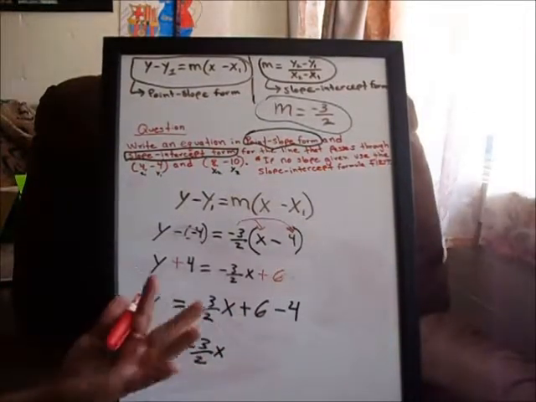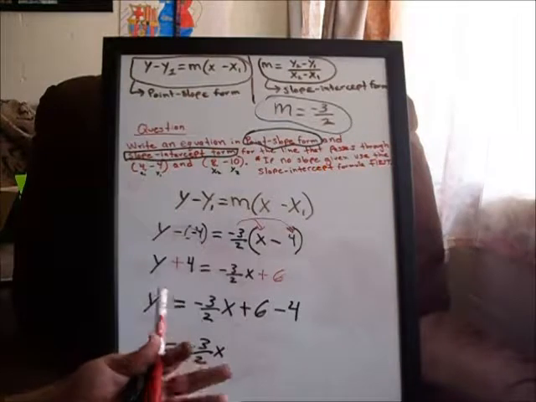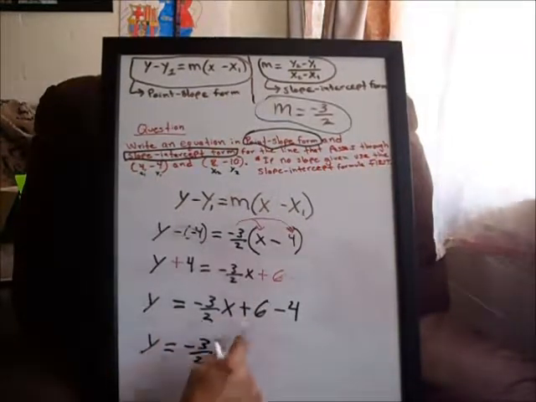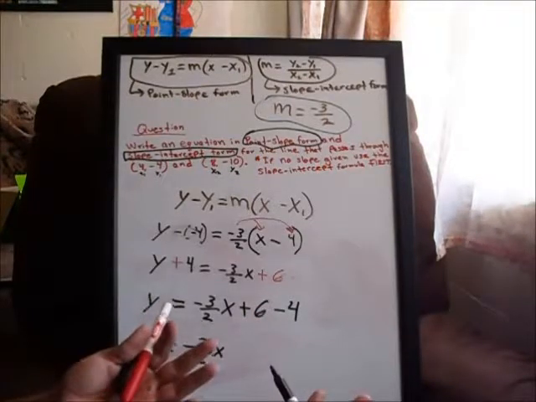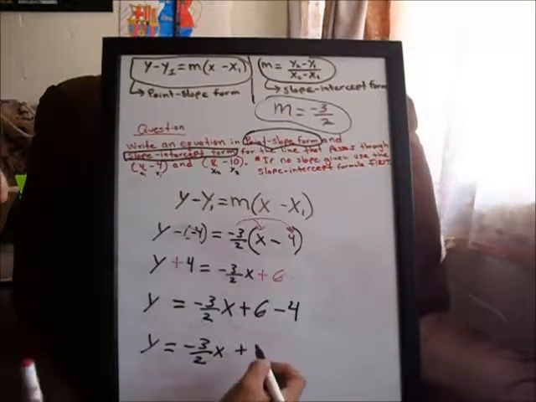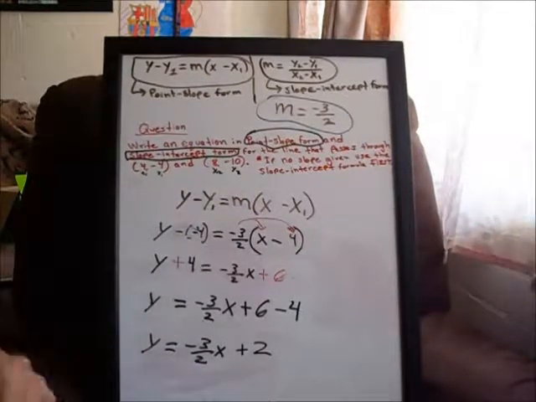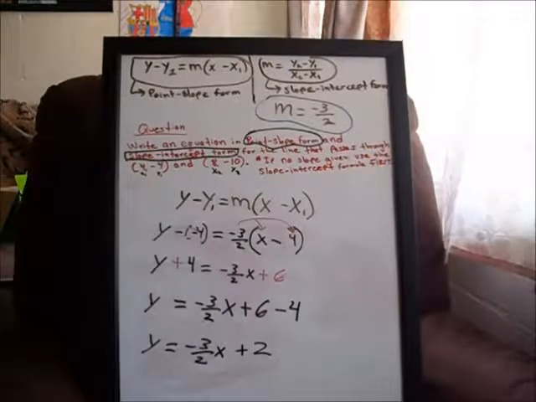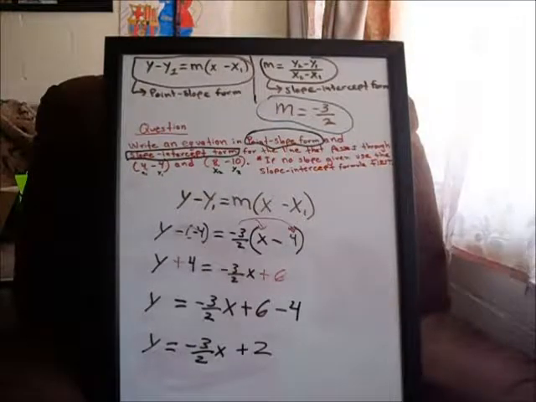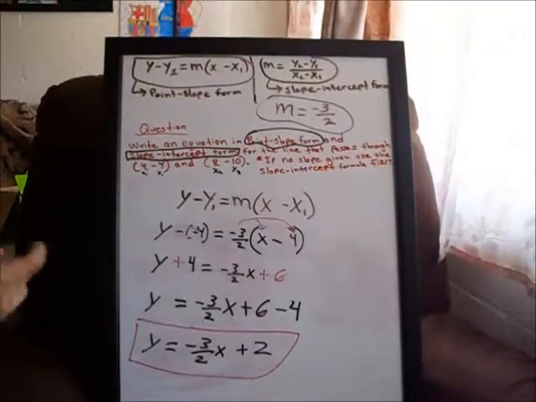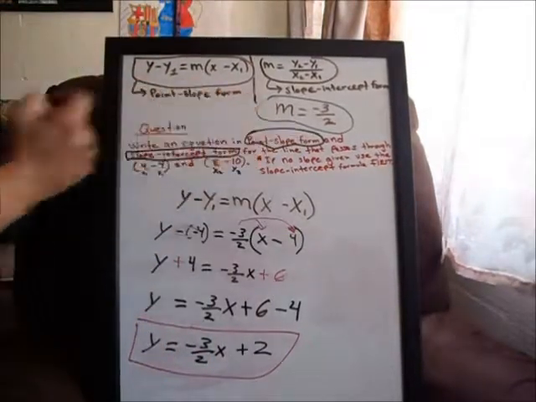Different signs, so subtract and take the sign of the largest number, which in this case is positive. So from 6, take away 4, the answer is going to be positive 2. And there you go. This is the answer for this part, point slope form. There you go.